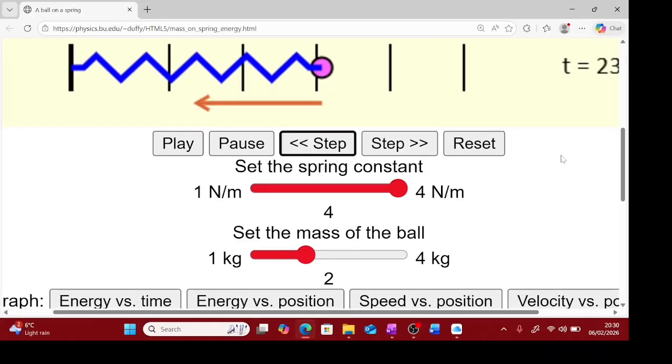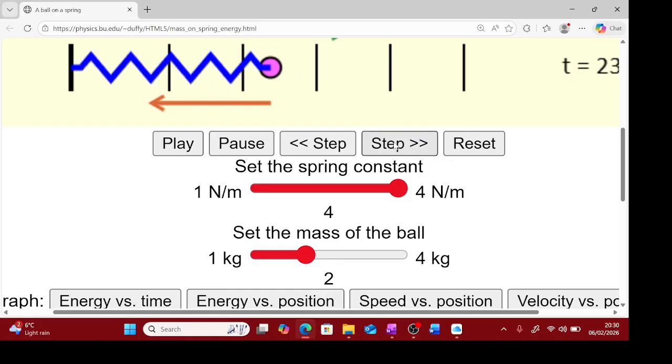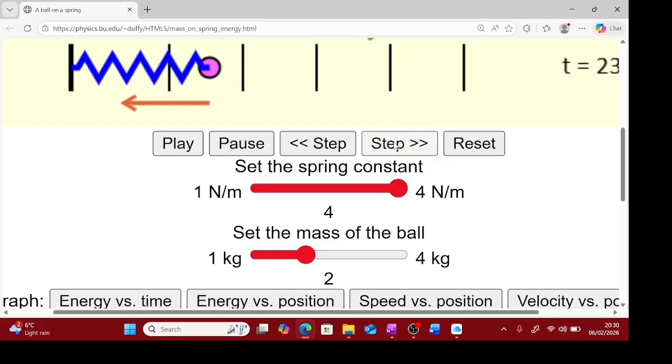I've got my visual here again. But this time, instead of stretching the pink ball forward, I'm going to be compressing it and pushing it further into the spring. So it's going to look like this. We're going to be pushing it into the spring, compressing it further and further.